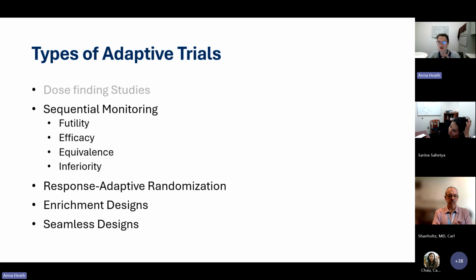And then again, the seamless design is really key for the platform, as it allows you to use the operational and administrative effort that you've already done in setting up the trial on the platform and roll that forward into maybe a bigger comparison as you go forward.